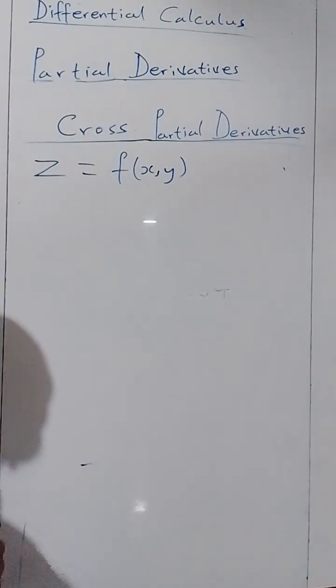We can find the cross partial derivative of z with respect to x on y, and also the cross partial derivative of z with respect to y on x. What do I mean by that?